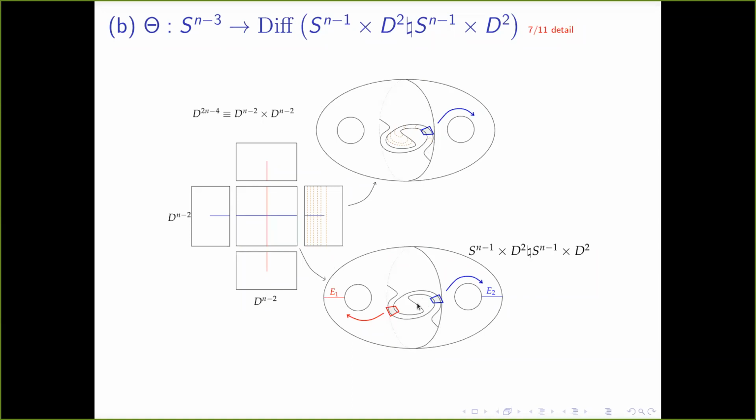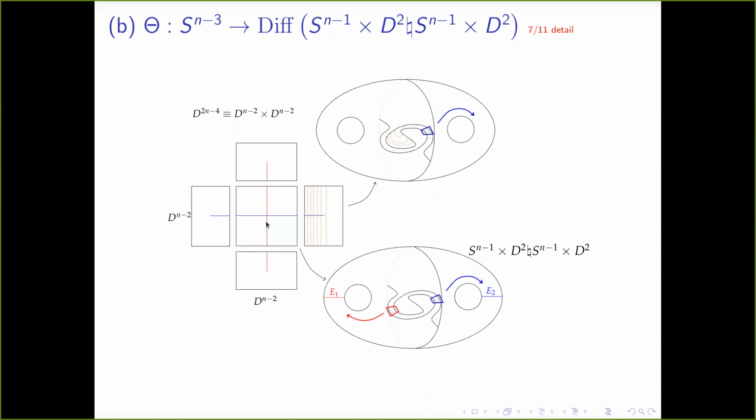I claim what's going on is you take these intervals of the mid-ball, so they're generally straight, but curl it up like this, and you grab these two strands and swing it around that sphere, grab these two strands and swing it around that sphere. That's sort of how you describe that family of embeddings.